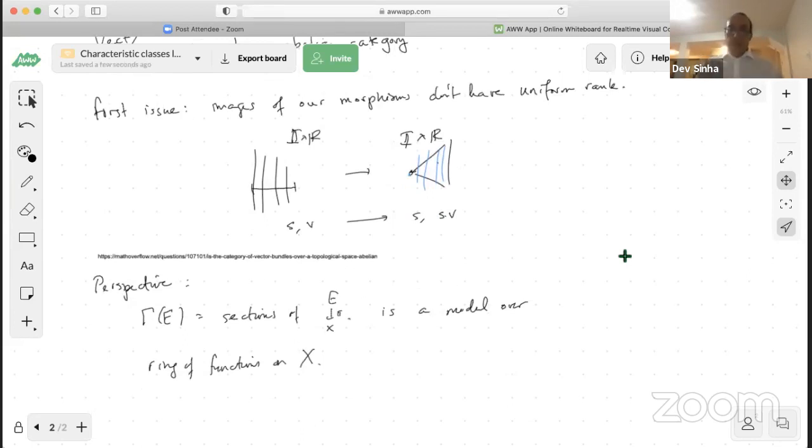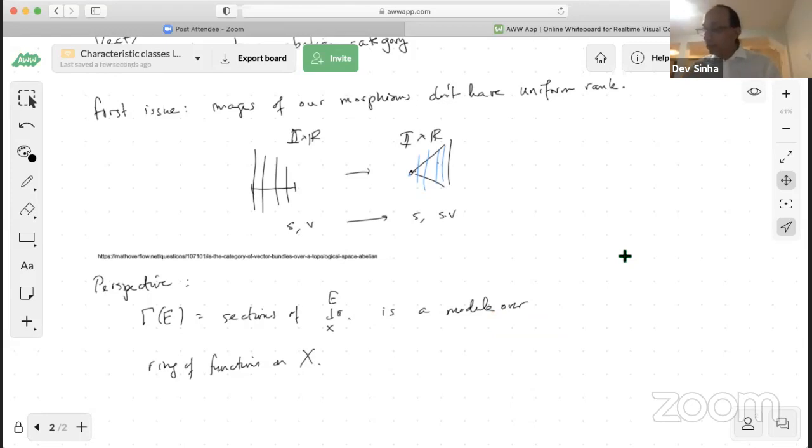So it's not the kind of ring that you learn about when you first do more advanced algebra, 600 algebra at the University of Oregon. But still, it's a ring, and this tells you that you can think of a vector bundle as associated to some module over a ring.